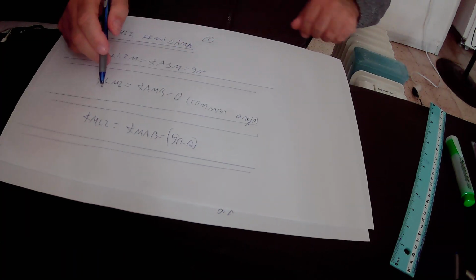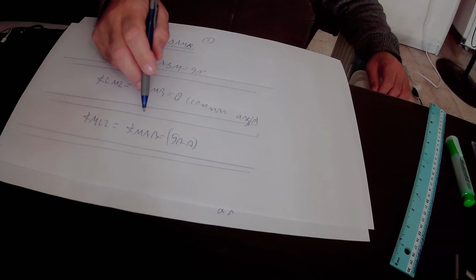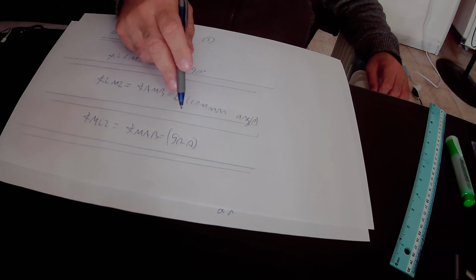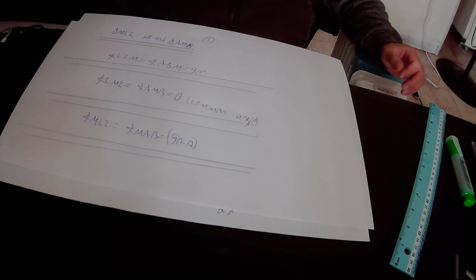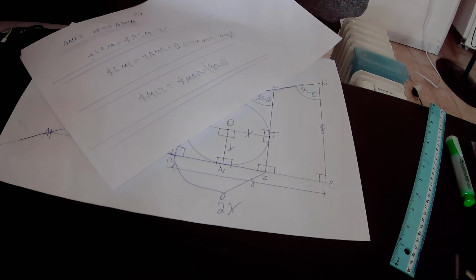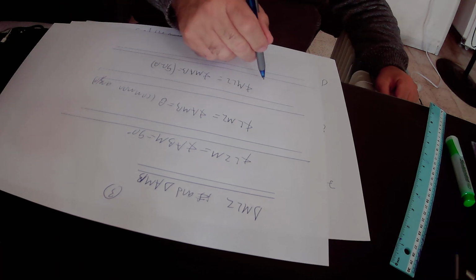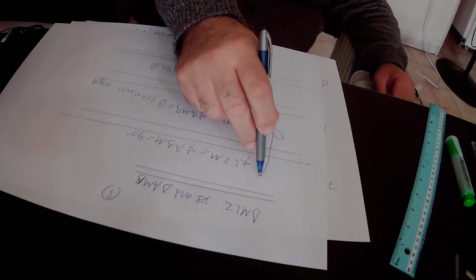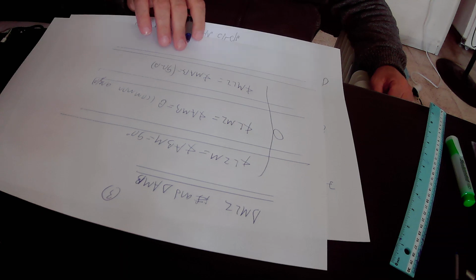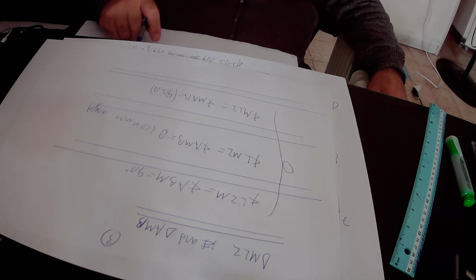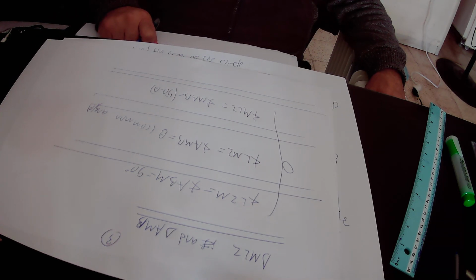Angle MLZ in the big triangle equals angle MAB in the small triangle. They are both equal to 90 degrees minus theta. So we actually proved that all the three angles in the big triangle MLZ are correspondingly equal to all the three angles in the small triangle AMB.